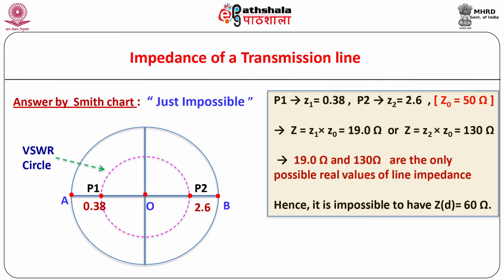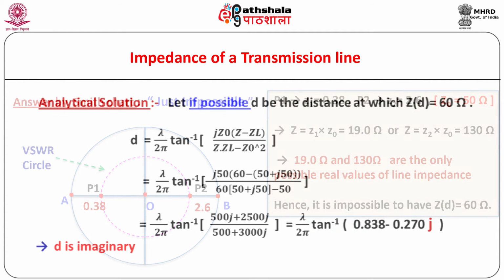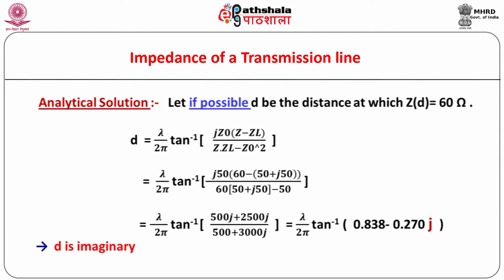Thus, we understand that 19 ohm and 130 ohm are the only possible real values of the line impedance, which are different than 60 ohm. Hence, it is impossible to have the impedance as real with magnitude of 60 ohm in the given problem. If you try to get the answer analytically for determining the value of D so as to obtain ZD equal to 60 ohm, the calculations will be as shown.